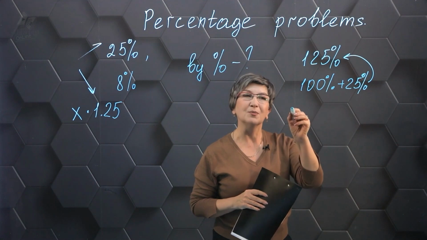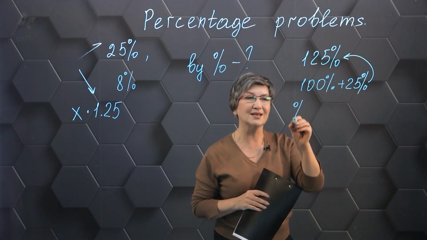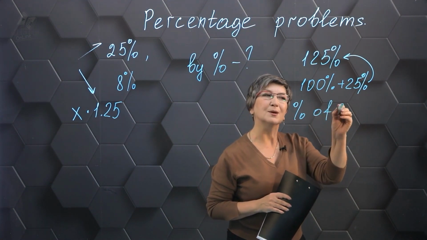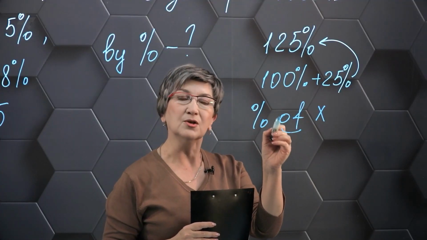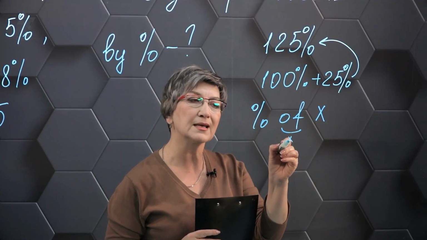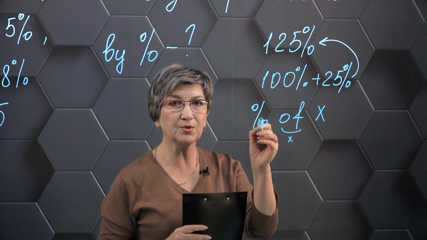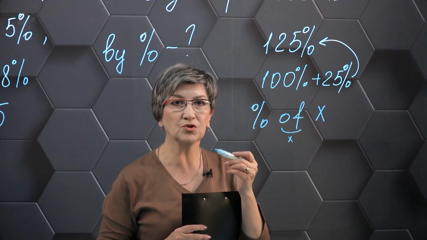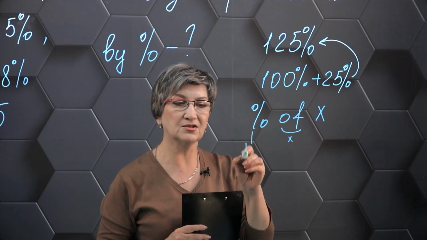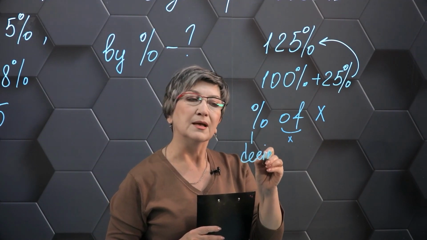To refresh our memory, let us recall the procedure for calculating percentages of a given number. In order to determine the percentage of a given number, it is necessary to multiply the number by the percentage converted into a decimal fraction. Hence, we need to convert the percentages into decimal fractions.